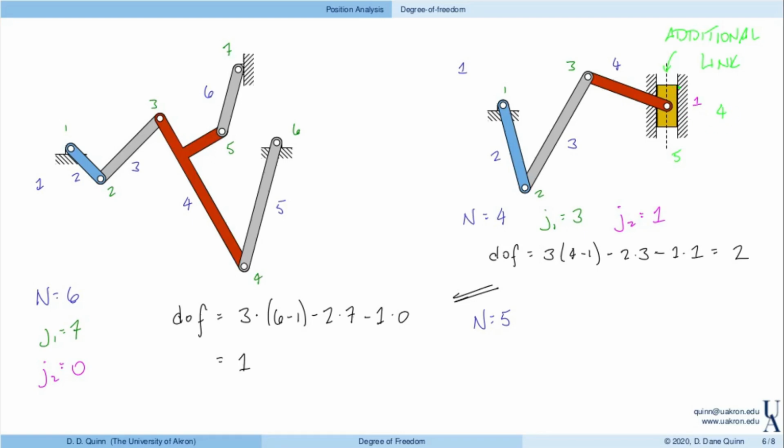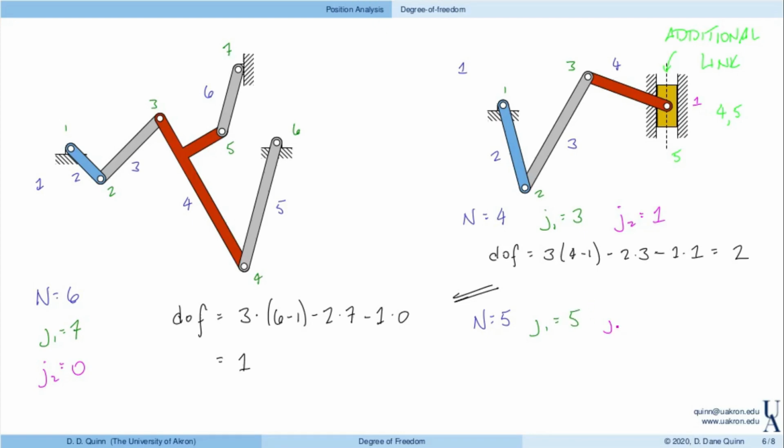And the constraint between the slider and the ground would only allow 1 degree of freedom of motion, because you can't move this slider left and right, and it can't rotate. So that would actually be another 1 degree of freedom joint. So in this case, J1 would be equal to 5.